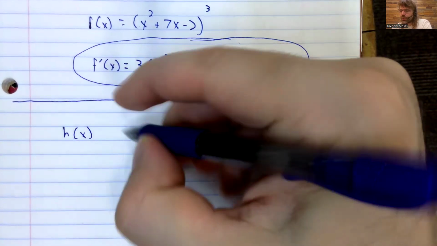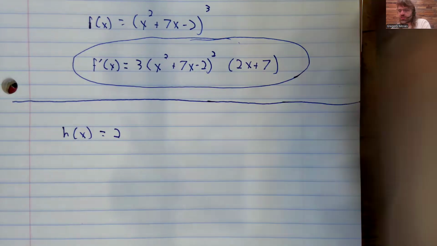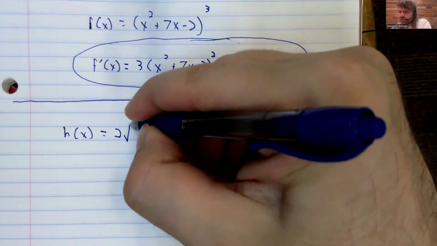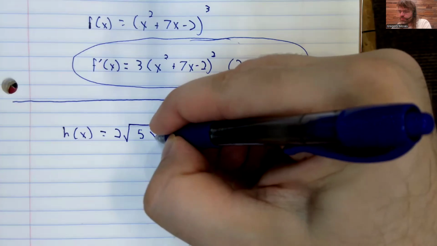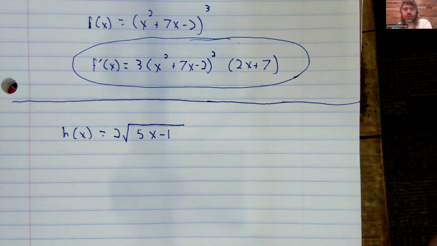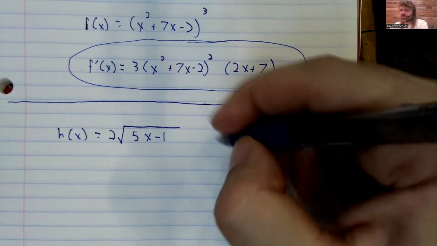Another example, let's put in a constant multiple just for kicks. 2 times the square root of 5x minus 1. Let's take the derivative of this.